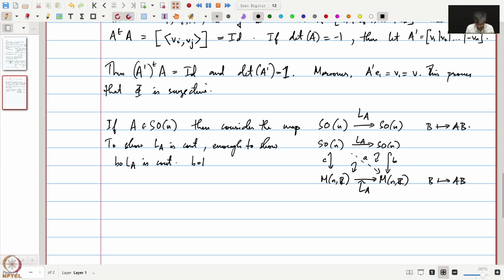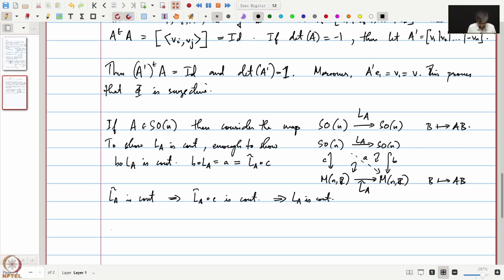But B compose L_A is equal to this dotted arrow, which is equal to L_A tilde compose C. And L_A tilde is continuous because it's enough to check that the coordinate functions of L_A tilde are continuous, and C is just a restriction to SO(n). This implies L_A tilde compose C is continuous, so this implies L_A is continuous.